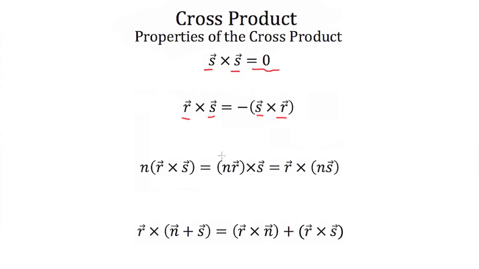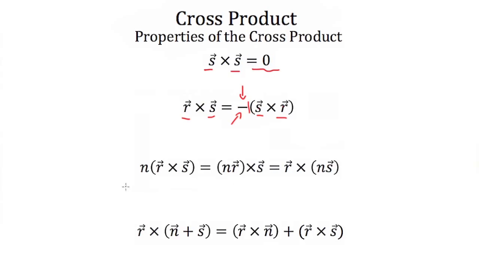The only difference is this negative. Whatever your answer is when you cross r with s, if you accidentally cross s with r, you'll end up with the same vector, it's just traveling in the opposite direction. It's multiplied by this negative 1 scalar.